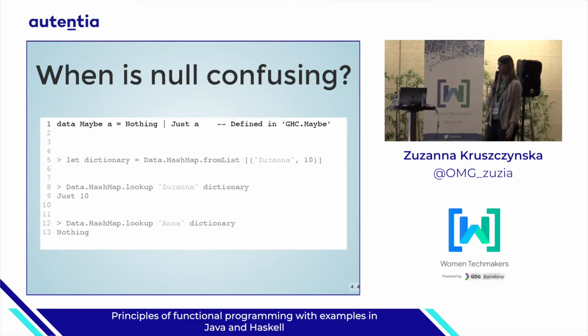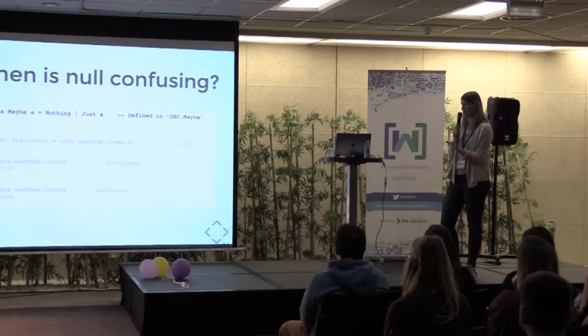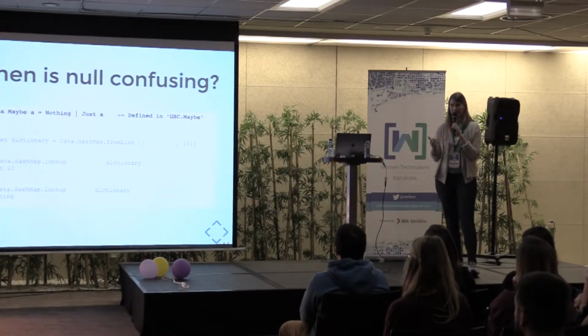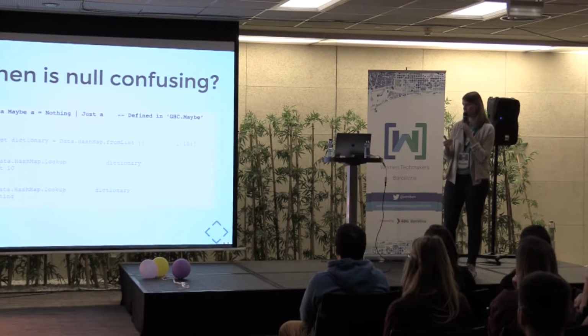Then we have to put the equal sign and give one or more constructors of the type. In this case, we have two constructors of the type, Nothing and Just A, divided with the pipe symbol. That means that this type can only ever be instantiated with one of those constructors, and only one, not both, not neither.